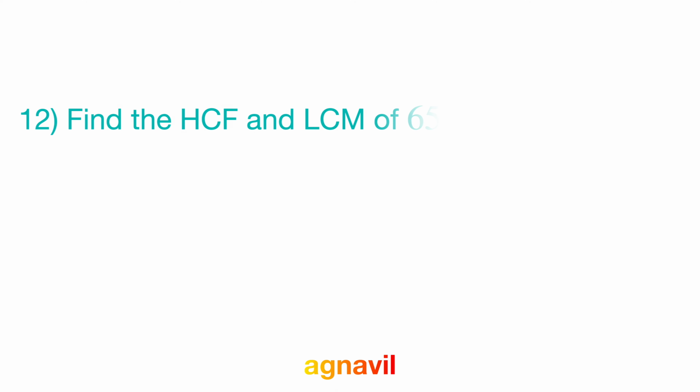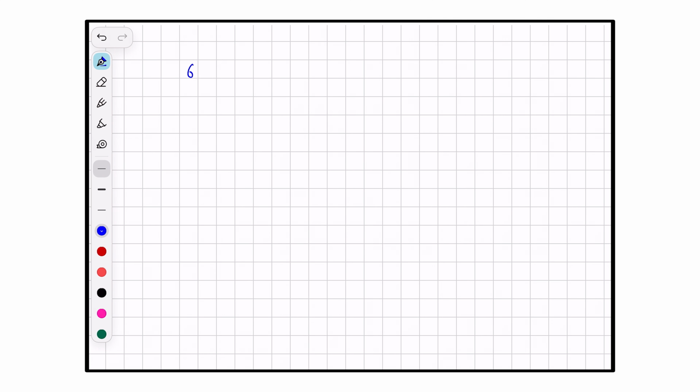Find HCF and LCM of 65 and 112. For 65, we have done it even in the previous problem. It is simply 5 into 13. For 112, I can simply see 2 is a common factor, so I can write it as 2 into 56, and 56 is 2 into 28, and 28 is 2 into 14, and further it is 2 into 7.